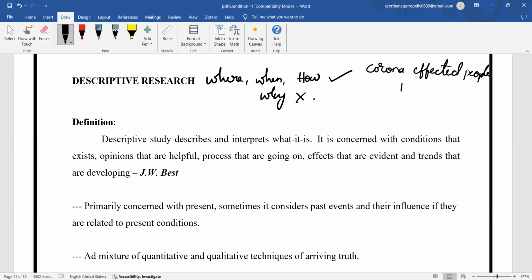Corona affected people, so randomly you took 100 as your population. 100 is the sample size.